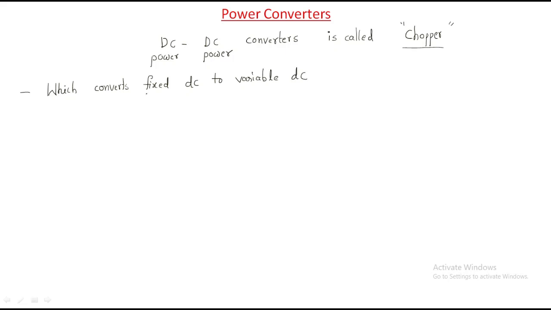So we have fixed DC, there is no change in it, but we can convert it to variable DC. That variable DC may be high DC or low DC.